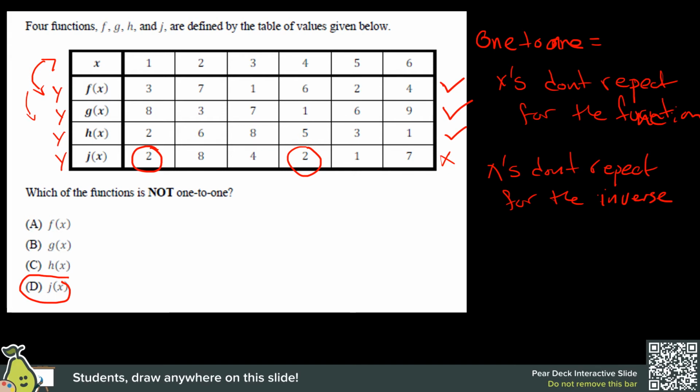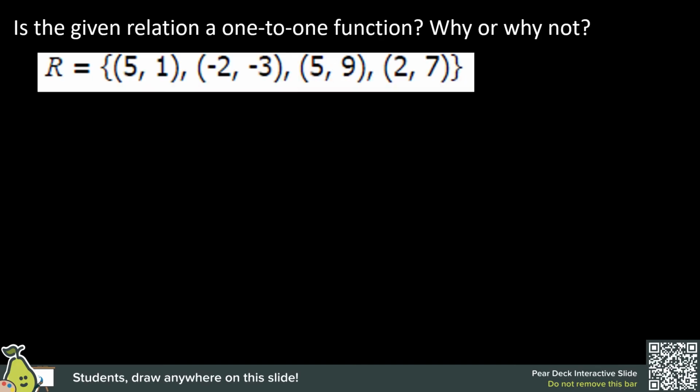Okay. So for this one here, I want you to tell me, is the relationship 1 to 1? Why or why not? You want to check in one order. So if the function is, you check your x, y, x, y, x, y. You want to see, are any of those x values repeating?